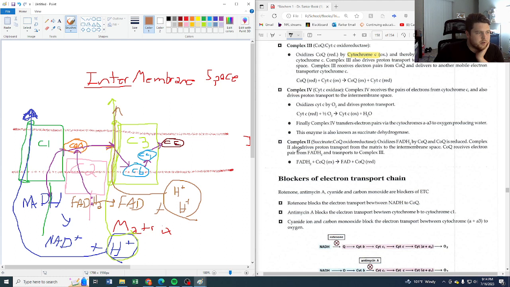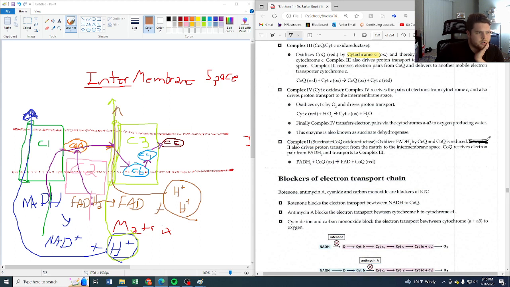So complex 2 also drives protein transport from the matrix to the intermembrane space, and CoQ receives electron pair from FADH2 and transports to complex 3. That sounds a little bit worded incorrectly.